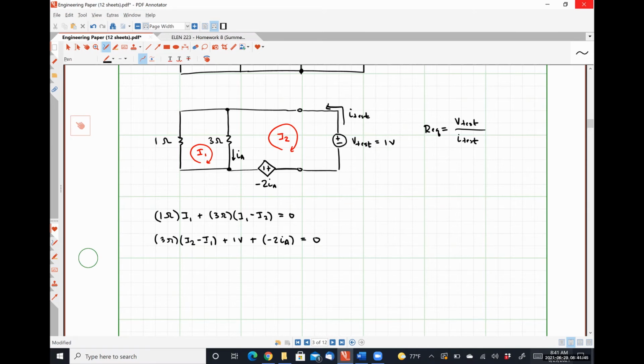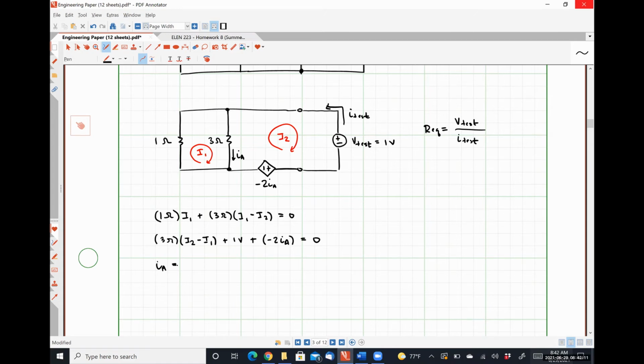So now I need to write an equation for my controlling variable IA in terms of my mesh currents. So IA, it has what relation to our mesh currents? I1 minus I2, right? Because IA is in the middle, it's got 2 different mesh currents flowing through it.